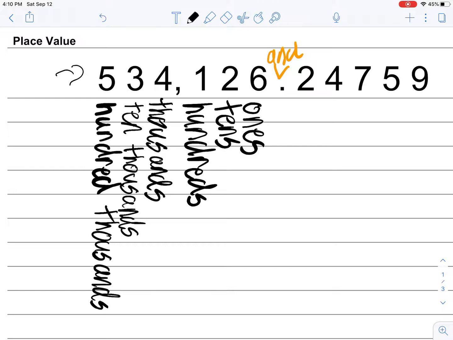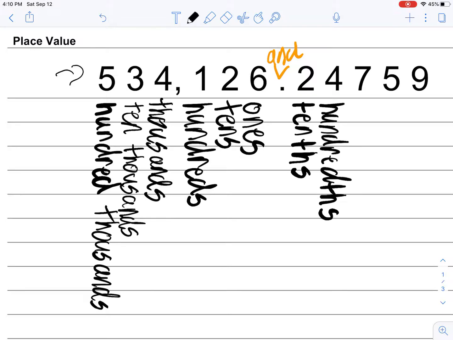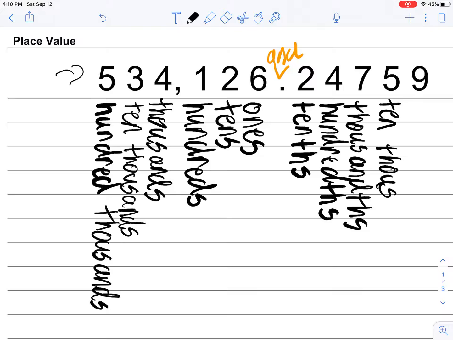After the decimal, numbers have a TH sound at the end. So the 2, that is the tenths place. The 4 is in the hundredths place. The 7 is in the thousandths place. The 5 is in the 10,000ths place.